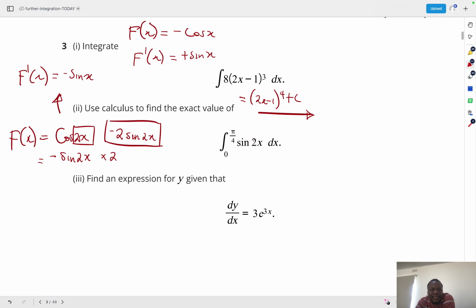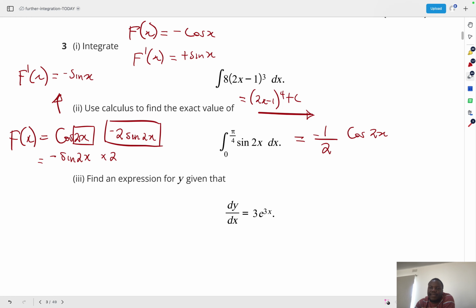So we know that initially if we have a double angle cos, we are going to have the derivative of the inside. So this should basically just be negative 1 over 2 cos 2x. Here we're not going to have a constant, because we've been asked to find the definite integral.